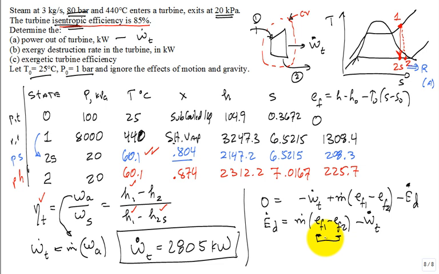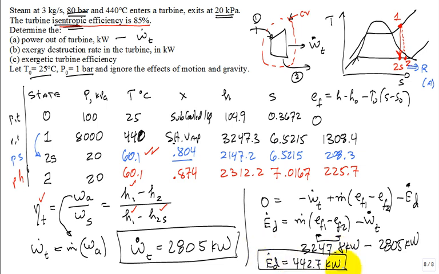And so when you make this calculation, you find that 3247.8 kilowatts came from the fluid stream, between the inlet and the outlet of the fluid stream. We already calculated that 2805 kilowatts went out with the shaft power, meaning the exergy destruction rate is 442.7 kilowatts.